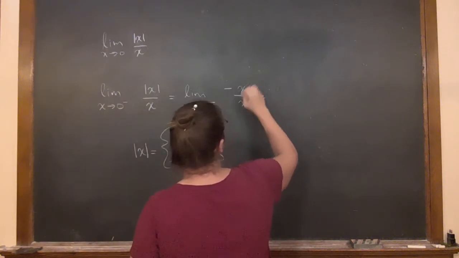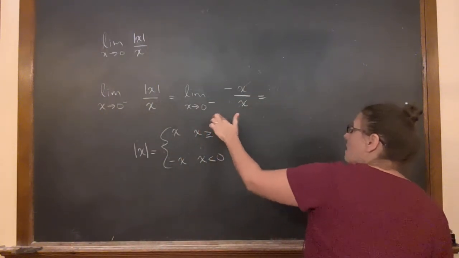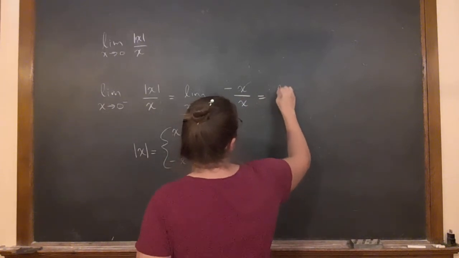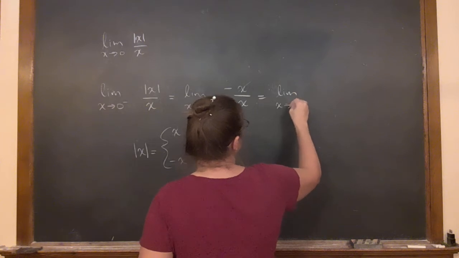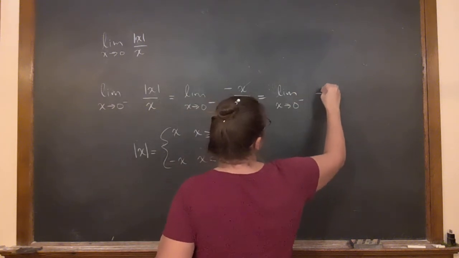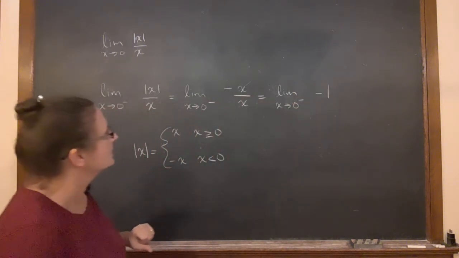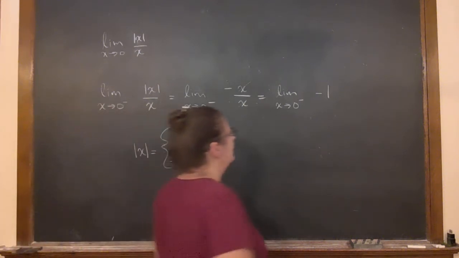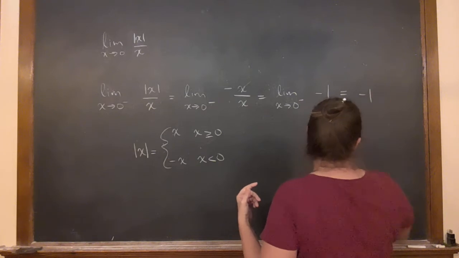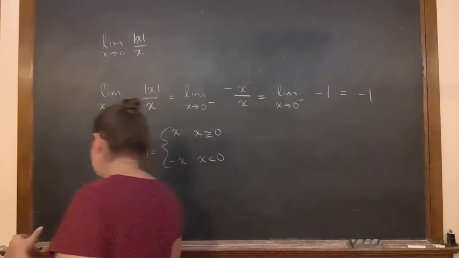Right now I can cancel out the x's because I'm not at 0, right? I'm to the left of it, so I end up with x going to 0 from the left, negative 1. Because I canceled out the x's, I just have negative 1. And now it's just a constant. Don't care about x anymore because it went away.